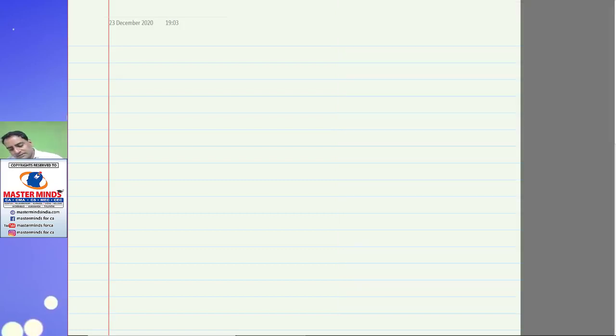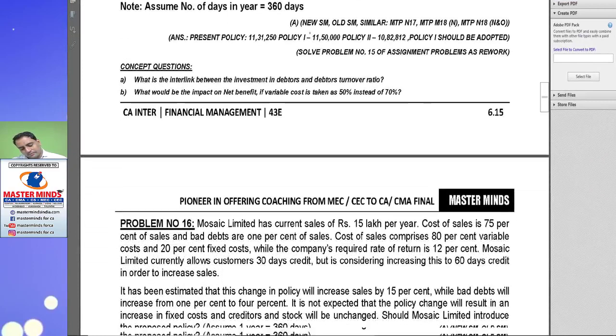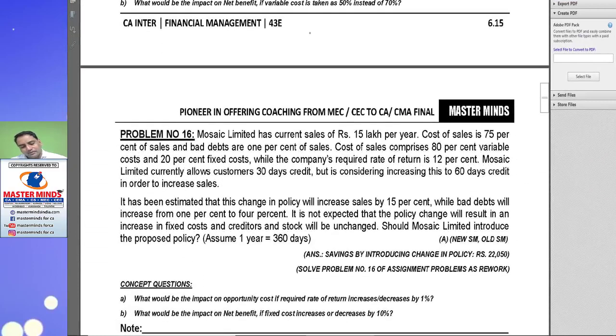Problem number 16. Mosaic Limited has current sales of 15 lakhs per year. Cost of sales is 75% and bad debts are 1% of sales. Present sales 15 lakhs, cost of sales 75%.